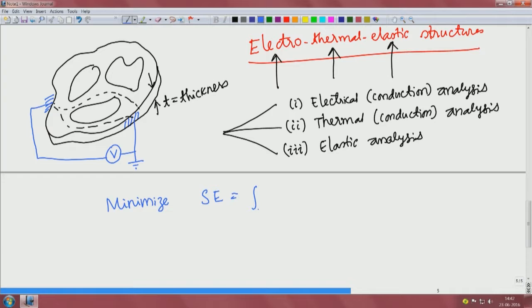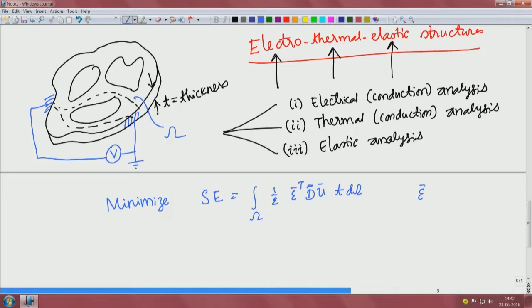So, this is over a domain, let us call this 2-dimensional domain as some omega or area, and the strain energy is going to be half epsilon transpose D epsilon, and there will be T dA, the two dimensional area.